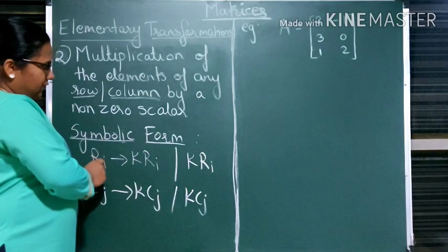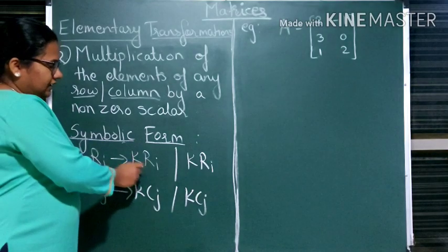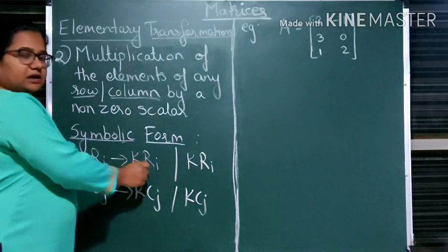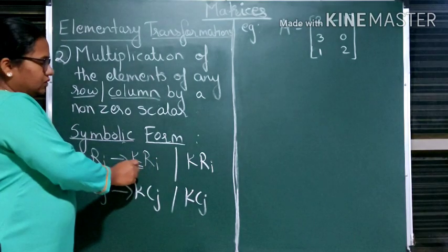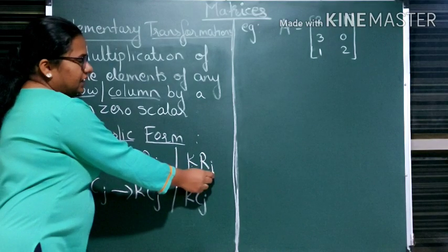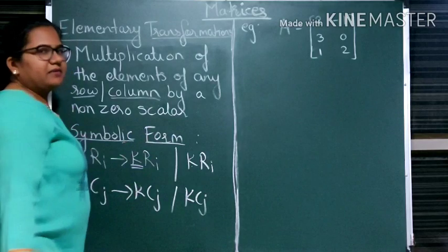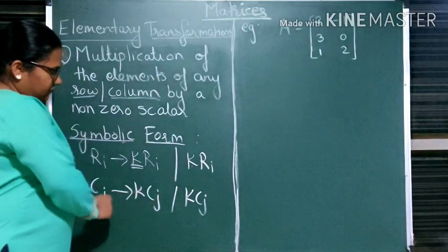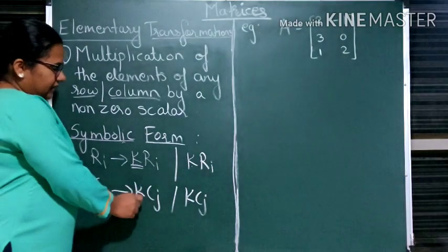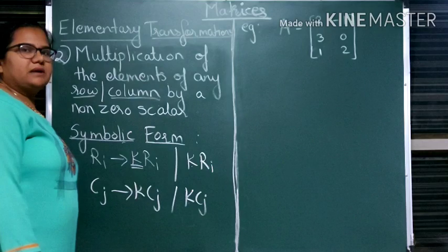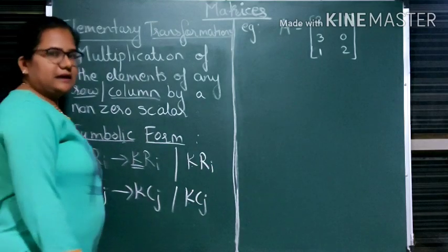If you have the ith row, you can take a non-zero scalar k and multiply the elements of the ith row by it. You can use k into Ri. The ith row elements will get multiplied by the non-zero scalar k. If you want to multiply the elements of the jth column by k, you can write it as k into Cj. That is, elements of the jth column will get multiplied by the non-zero scalar k.